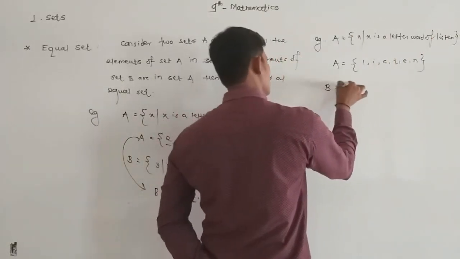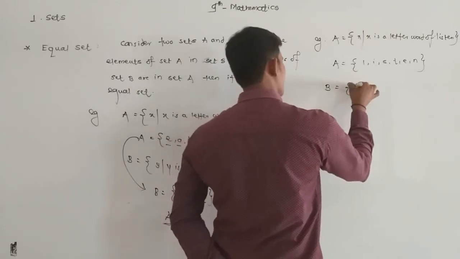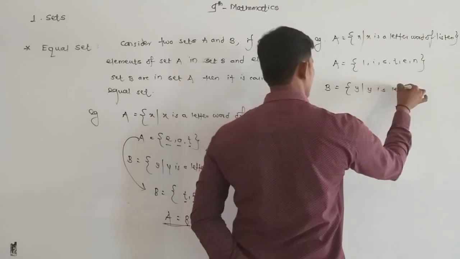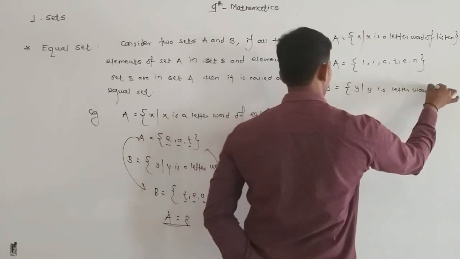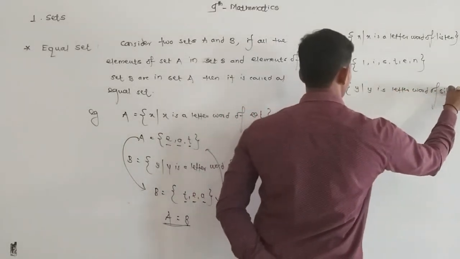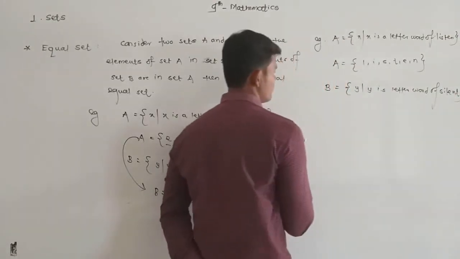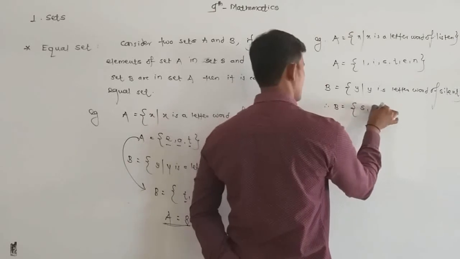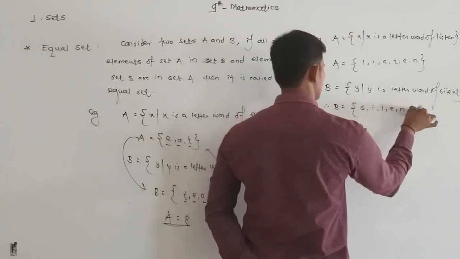Now consider another set. Set B is a set of all y such that y is a letter of the word silent. Again, write this set by using the listing method. So we get S, I, L, E, N and T.